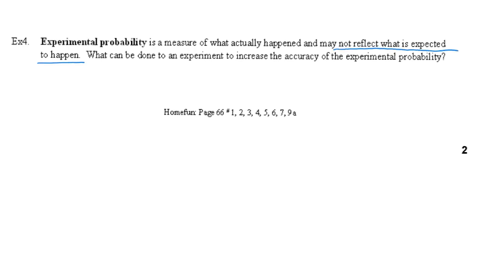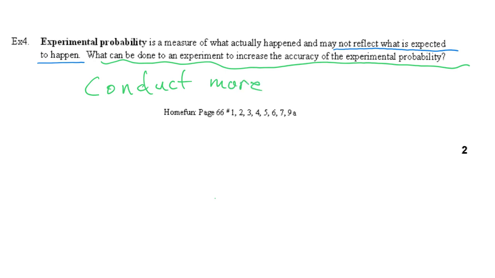And the only way that we can change that is to do something crazy. Maybe we have to conduct more, not experiments, but trials. So the number of times we do it has to be increased in order for us to get what we want. All right, that's it.